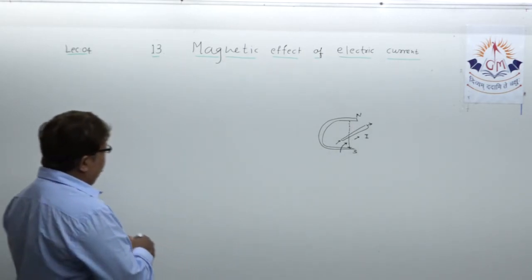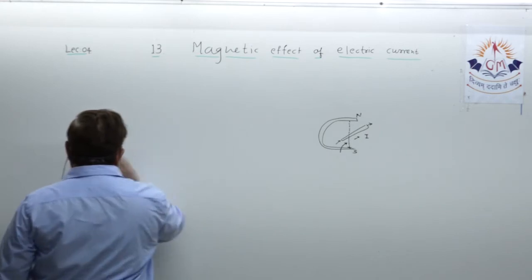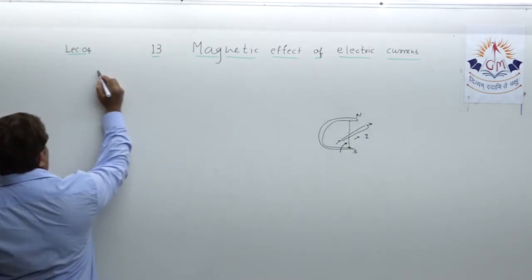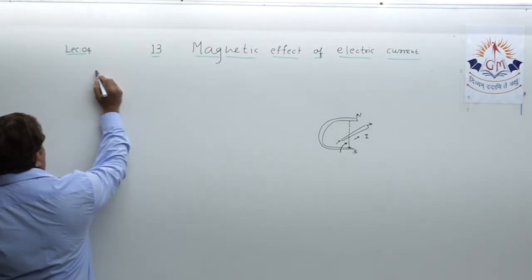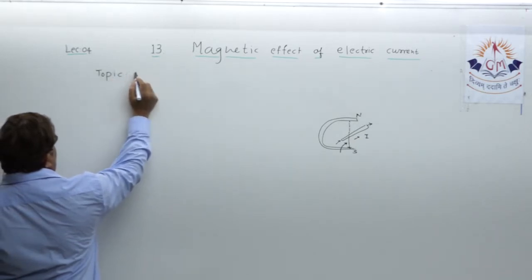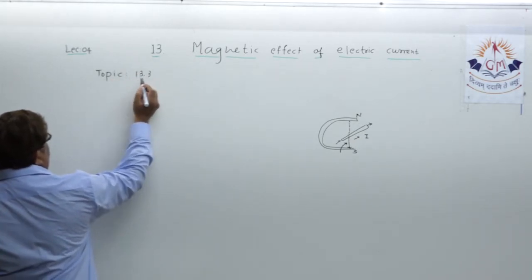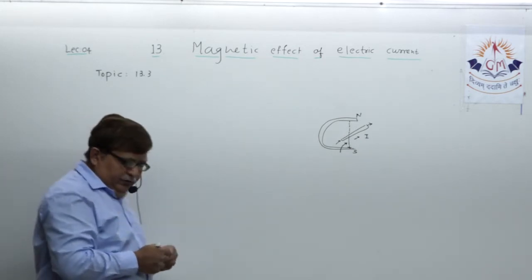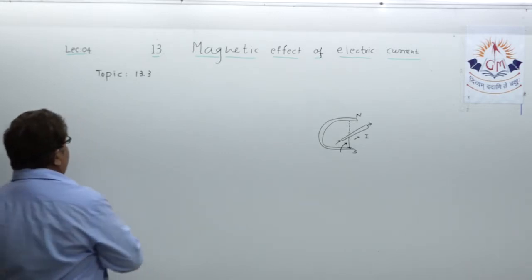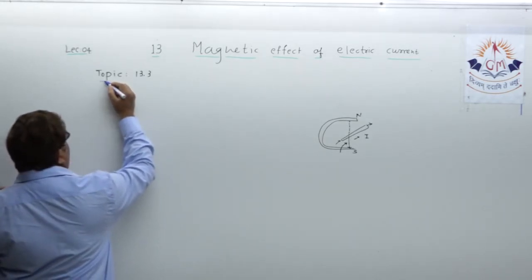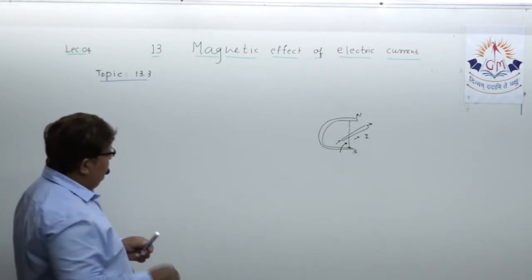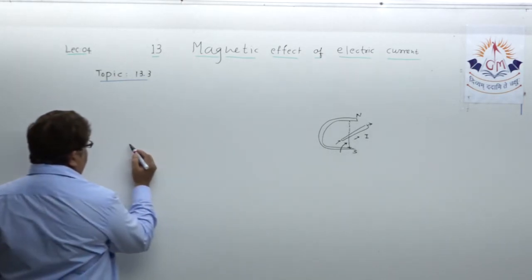Okay, dear students, in this particular experiment, that's topic 13.3, we are trying to understand the interaction between electricity and magnetism. Suppose there is a magnet.